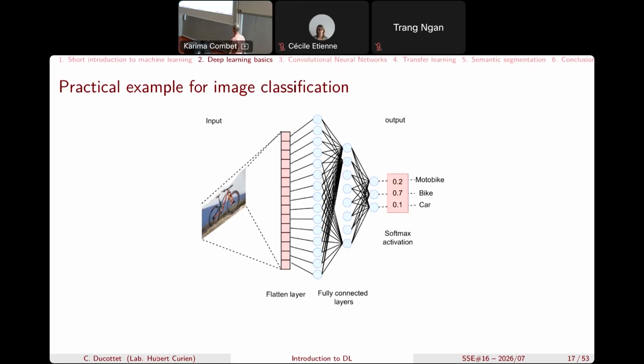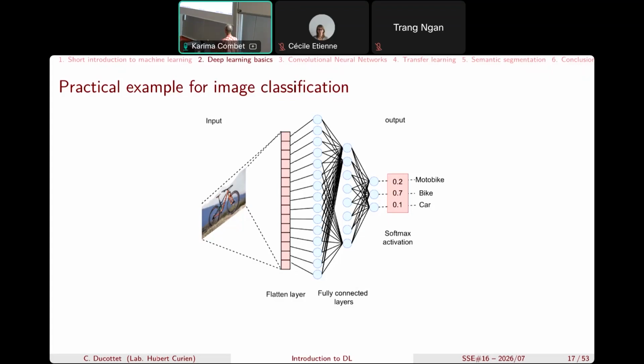As we know here, we want to have a single input or multiple inputs for our neurons. So we could do a first operation, which is called flattening. We could say, okay, this image is a set of pixels.